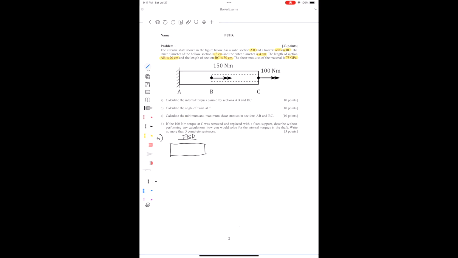So we've got torques at B and C, and then at part A, we're going to have a reaction torque. We'll call that RA.